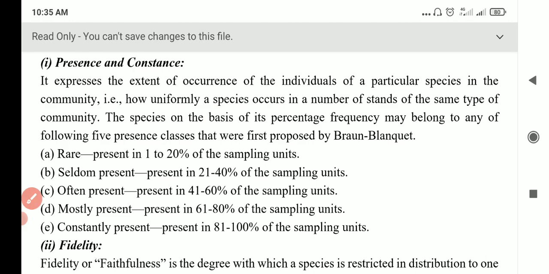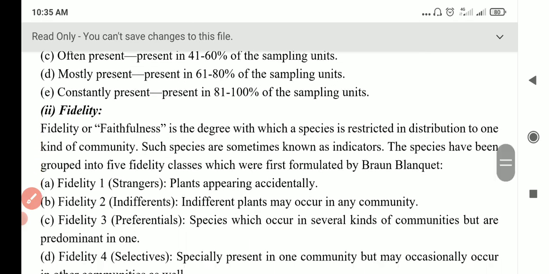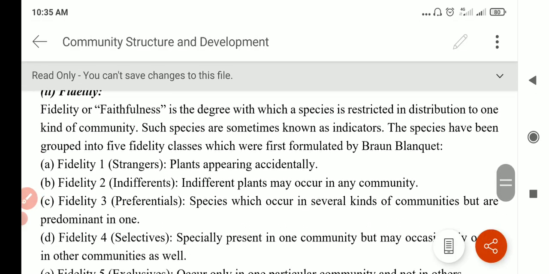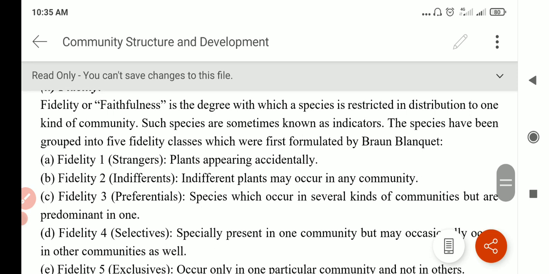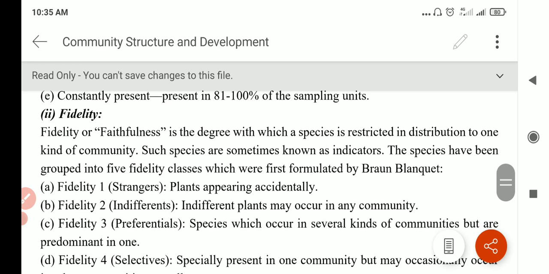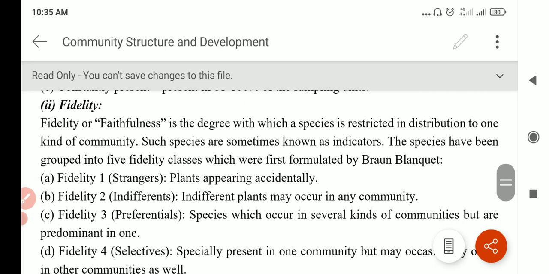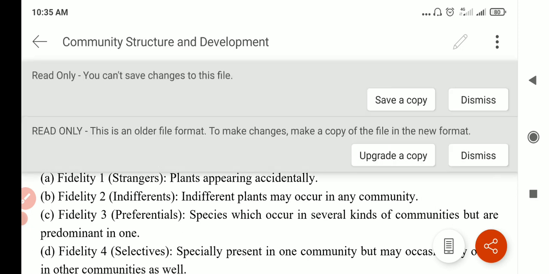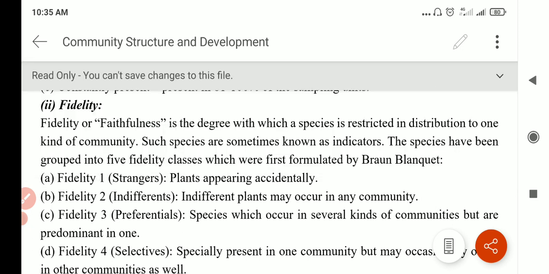Okay, then the next one, it's the fidelity. Fidelity means faithfulness.